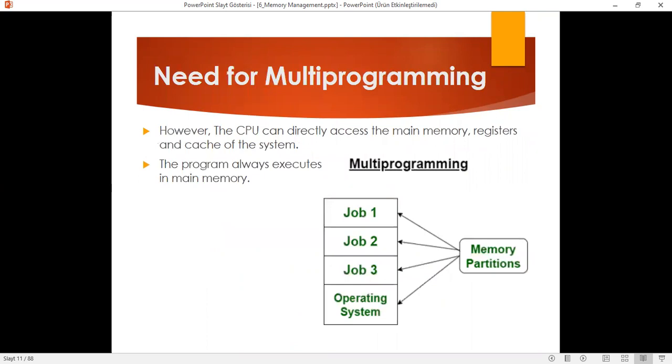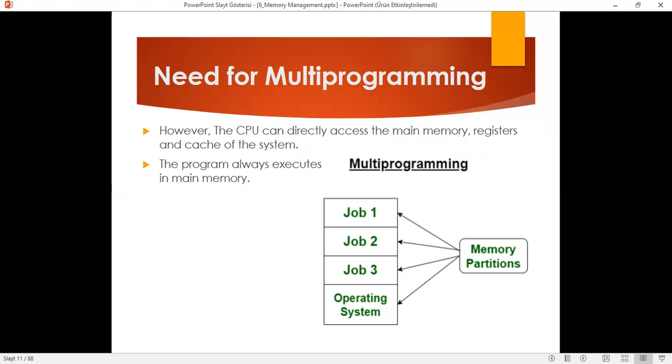Also, another thing is the need for multi-programming, which is how many processes we can store in main memory. It is related to multi-programming. If you are storing 3 processes in main memory, the degree of multi-programming is 3.